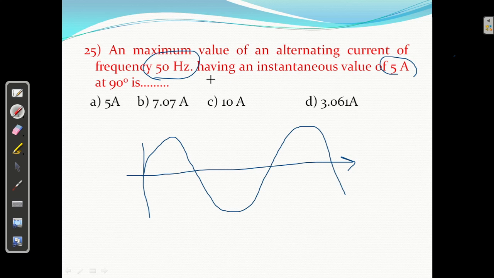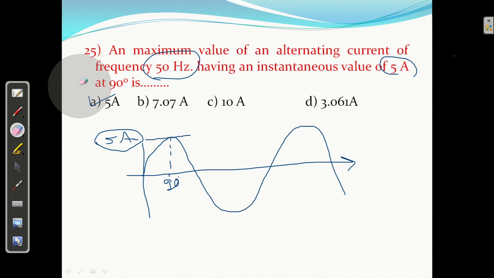This is 90 degree, right? Maximum value भी 5 है. So that is the answer E. 5 एम्पियर एट 90 डिग्री है, मतलब वो 90 डिग्री पे मैक्सिमम वैल्यू ही आती है ना, so that is the answer, right?